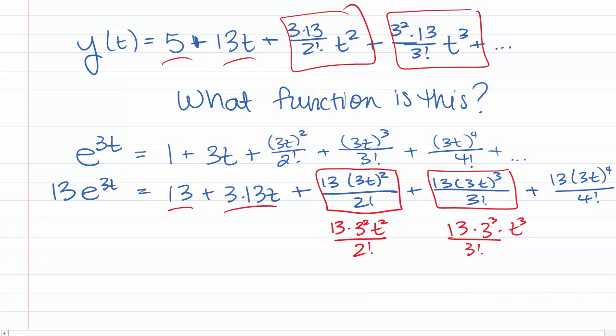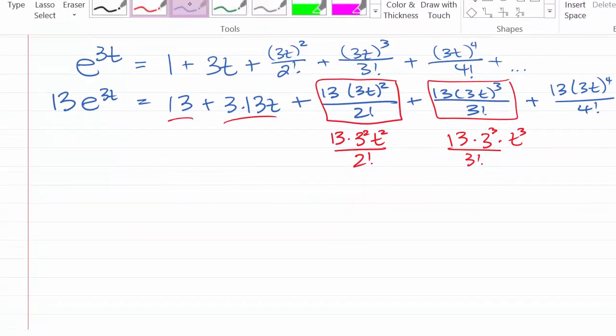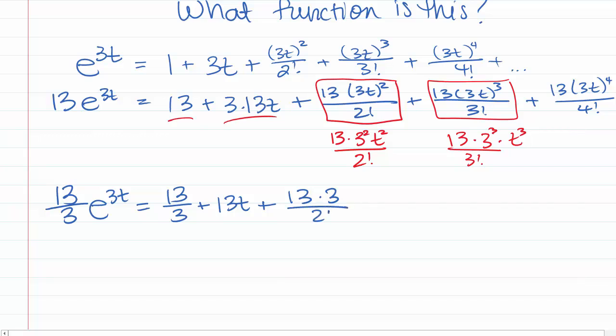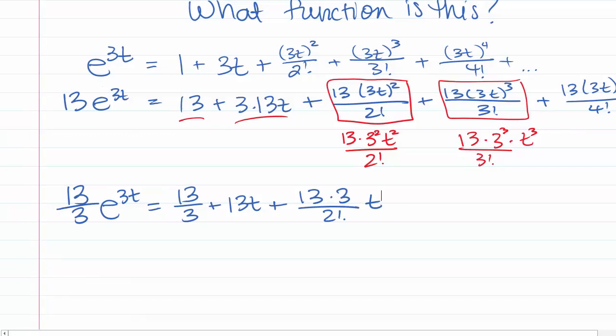So let's take everything in this e expression that we're working with and divide it by 3. So 13 over 3 e to the 3t is going to be 13 thirds plus 13t plus 13 times 3 over 2 factorial t squared plus 13 times 3 squared over 3 factorial t cubed.